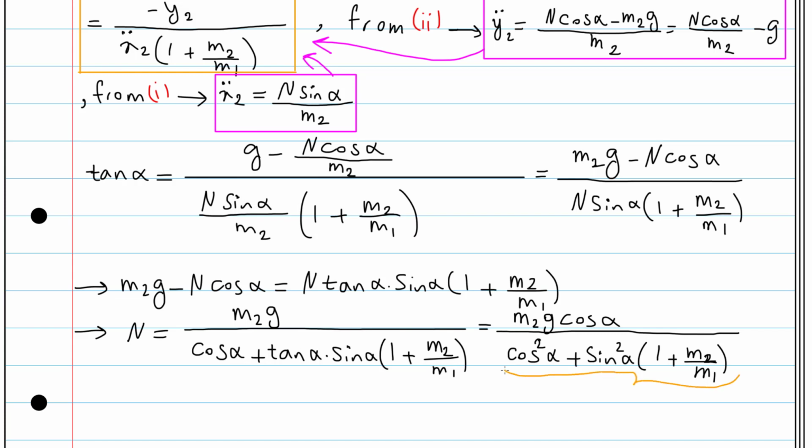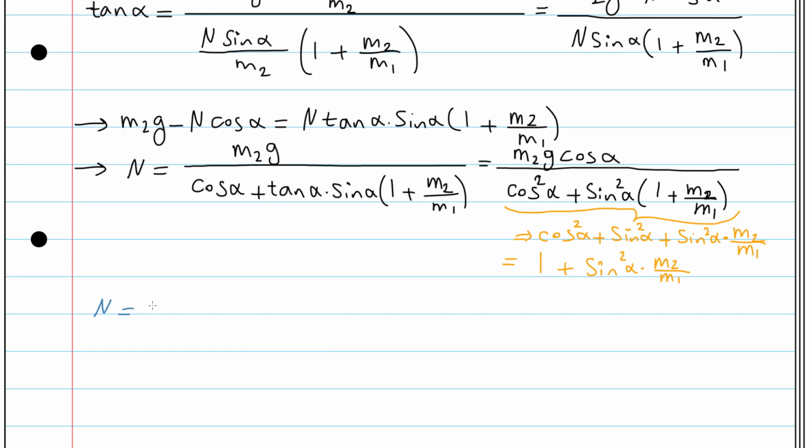Now, in the denominator, we have cosine squared plus sine squared plus sine squared times m2 over m1, which is cosine squared plus sine squared is 1, and the rest, sine squared times m2 over m1.